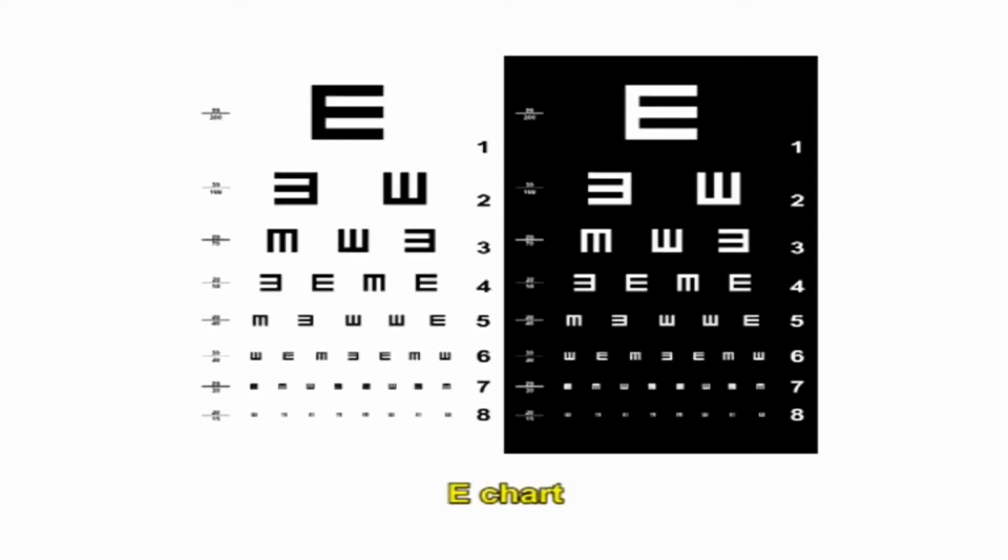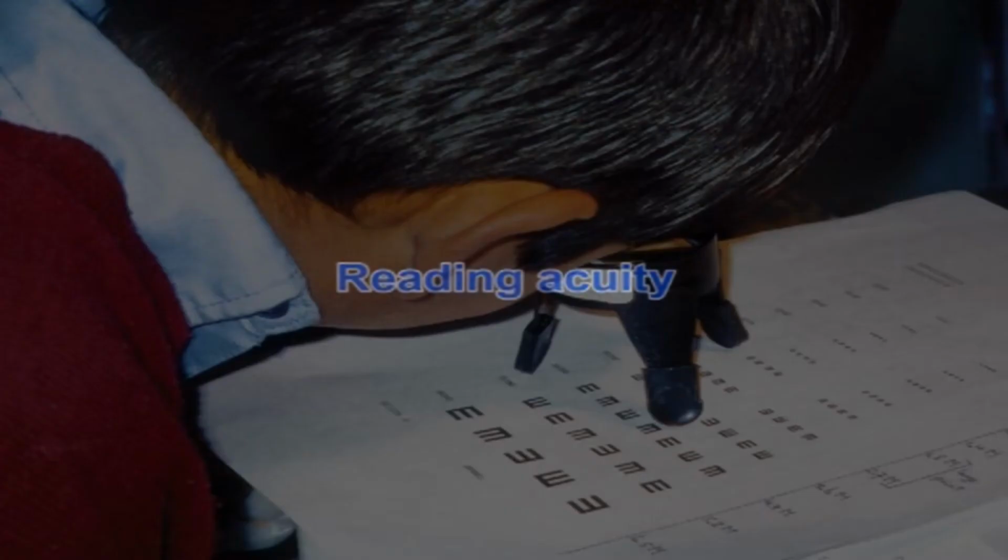If such charts are used for distance acuity, they can also be used to test near vision. This type of chart will be easier for the children to see and elicit the most positive response. This test gives preliminary information on the size of the text the child might be able to see.